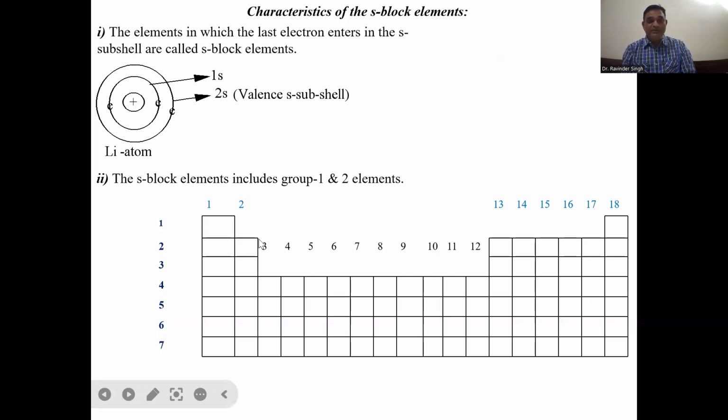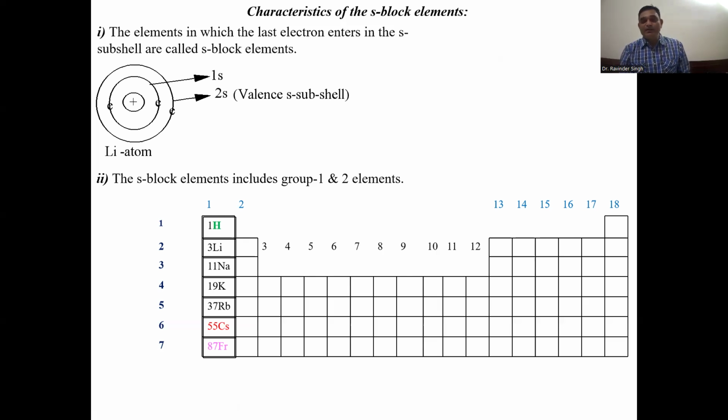In group number 1, the elements are hydrogen, lithium, sodium, potassium, rubidium, cesium, and francium. Their atomic numbers are: hydrogen 1, lithium 3, sodium 11, potassium 19, rubidium 37, cesium 55, francium 87.